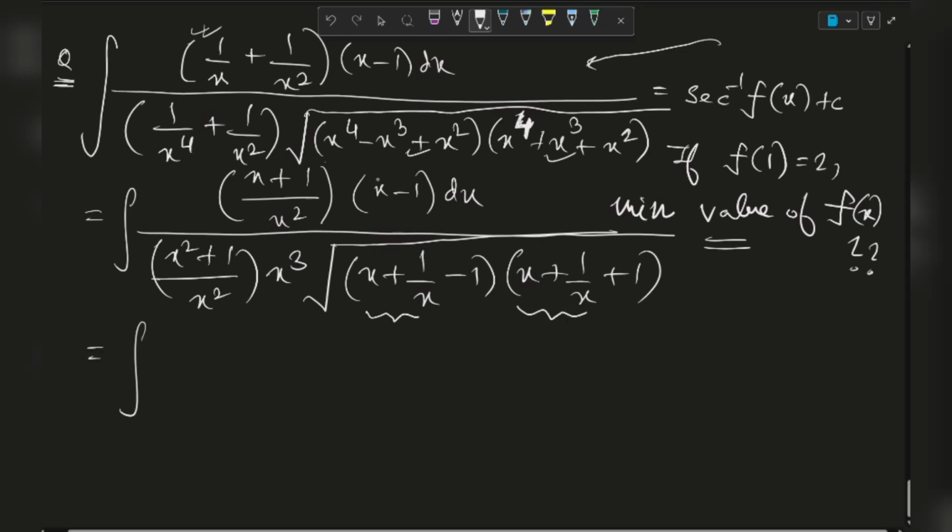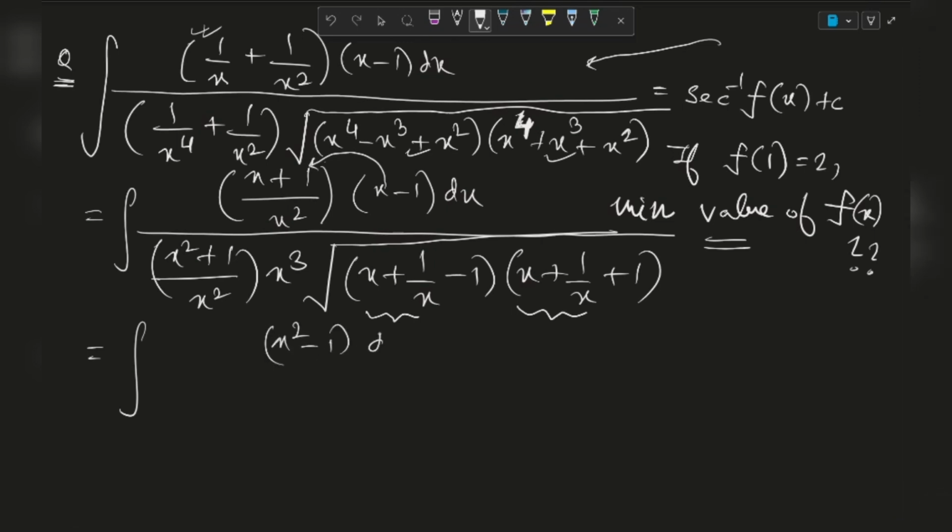So what I will do is I will multiply (x + 1) and (x − 1). So this becomes (x² − 1) dx in the numerator, and in the denominator the x² will get cancelled. Okay, so what I did was I took this x² from here because this is in the denominator's denominator.